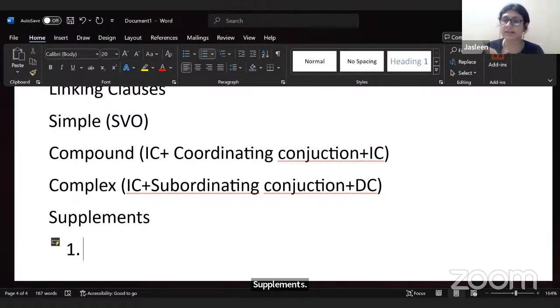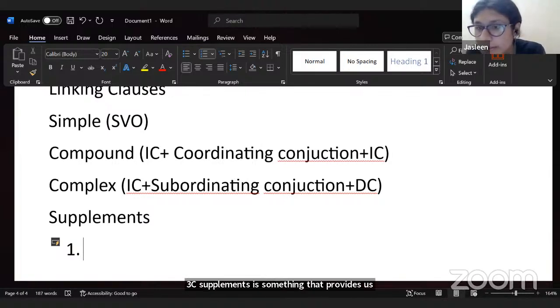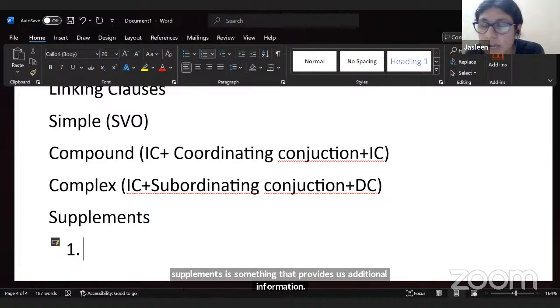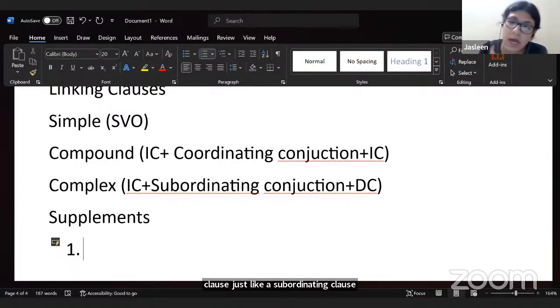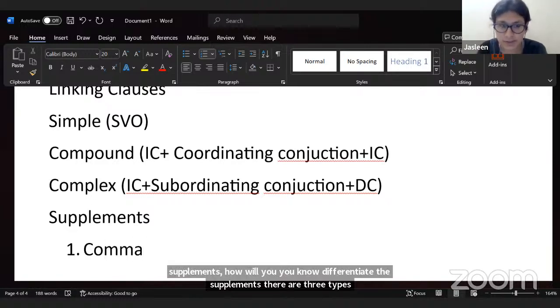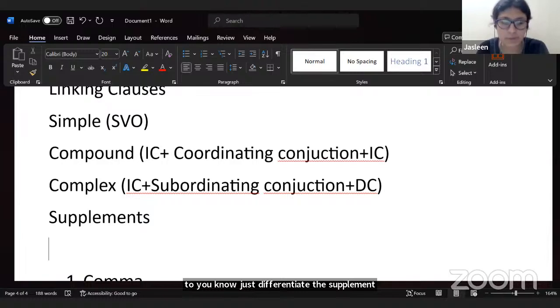Now under supplements, see, supplements is something that provides us additional information. Right? It is just like a subordinating clause that provides us with additional information. There are two types.